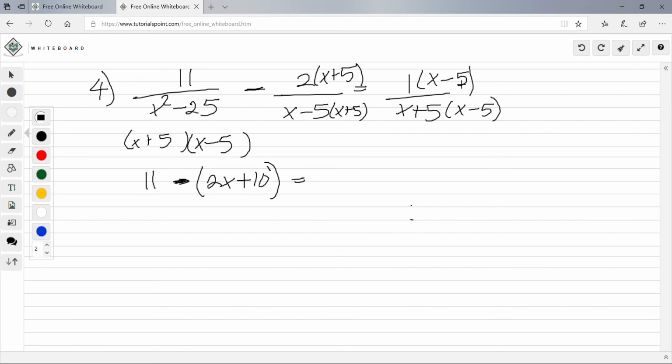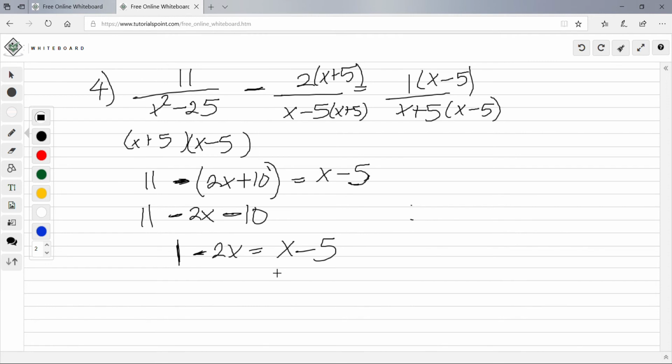And then 1 times x minus 5 is x minus 5. So let's distribute this negative, so this is a negative 2x minus 10. Bring down the 11, so 11 minus 10 is 1. And then bring down that negative 2x equals x minus 5.